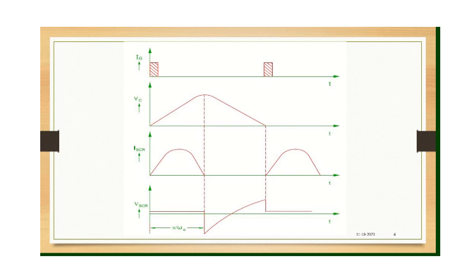The moment you give the gate current, the SCR turns on, so the current in the SCR starts rising. When the current is rising, observe the voltage across the capacitor; it is also increasing. When the current across the SCR is maximum, the voltage across the capacitor will be at this point.